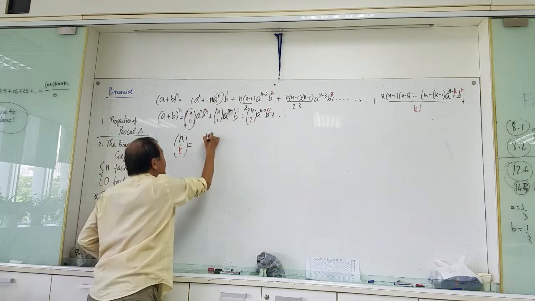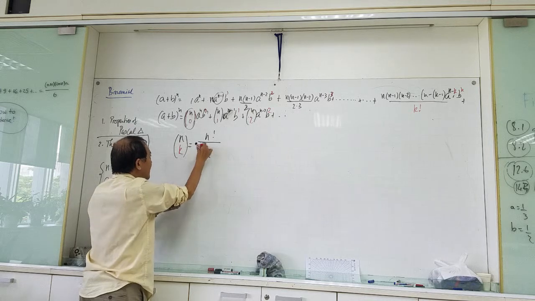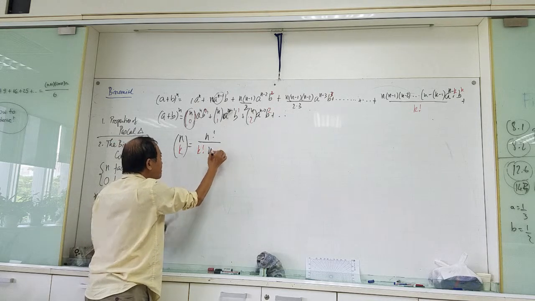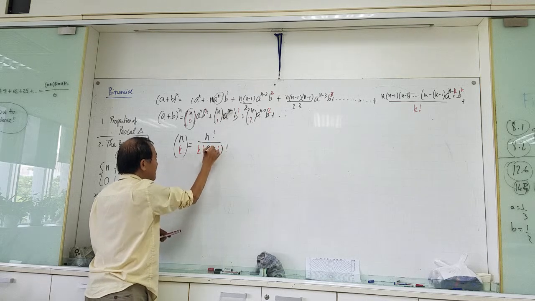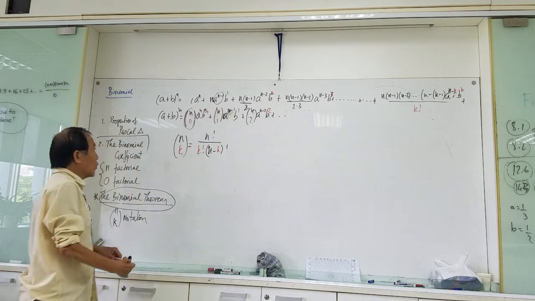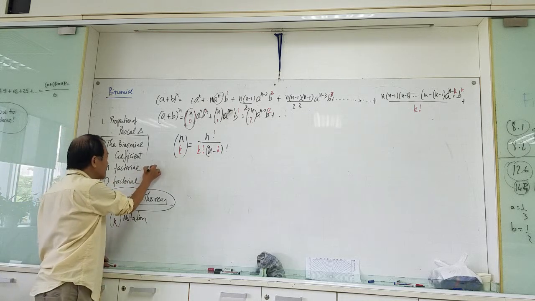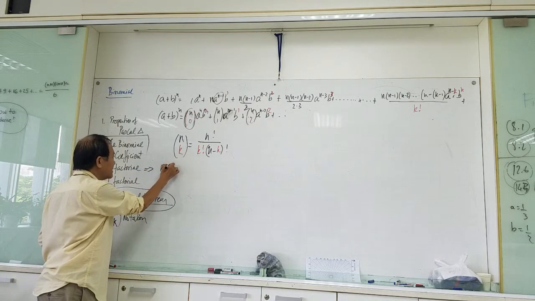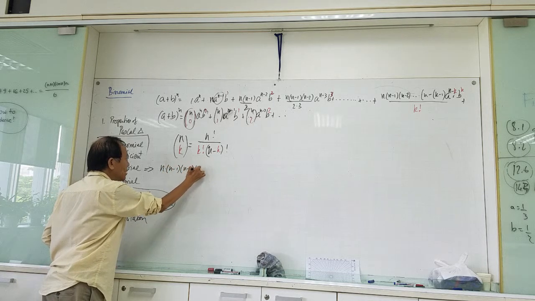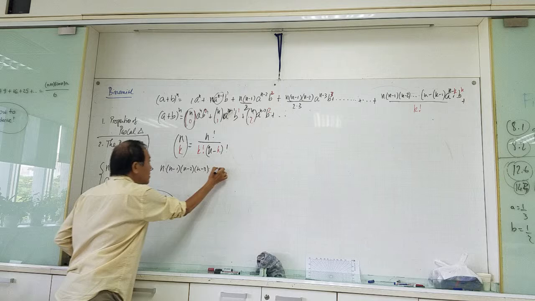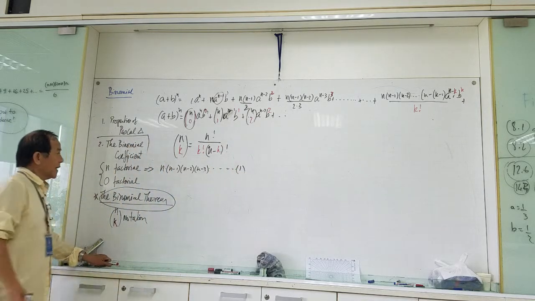It equals n factorial over k factorial times n minus k factorial. Okay. So now, what do we mean by n factorial? n factorial means n times n minus 1 times n minus 2 times n minus 3 and so on until 1 in the end, right?